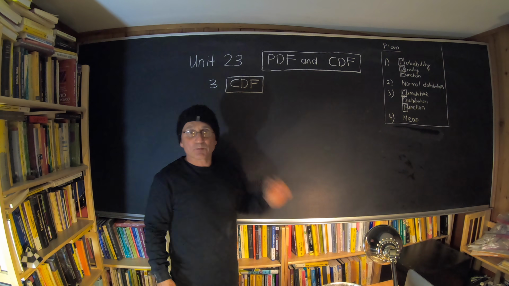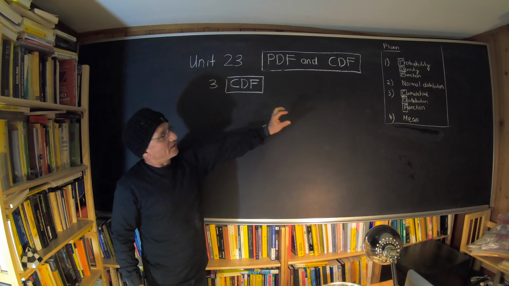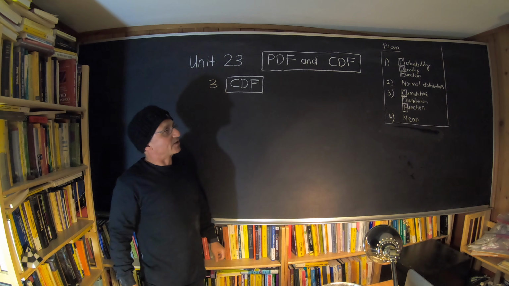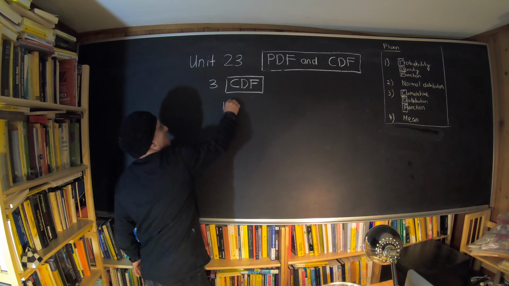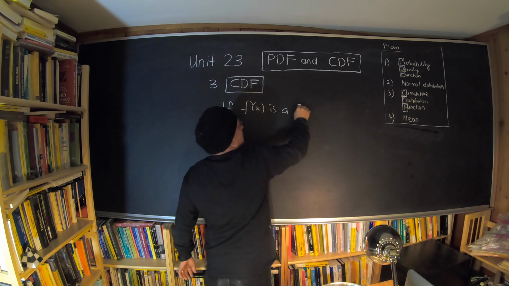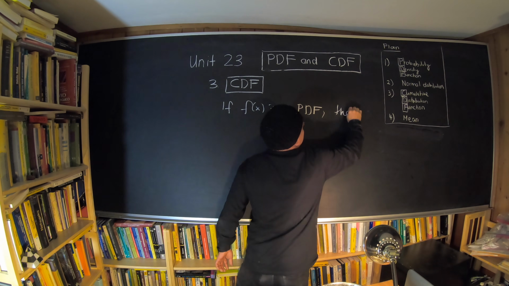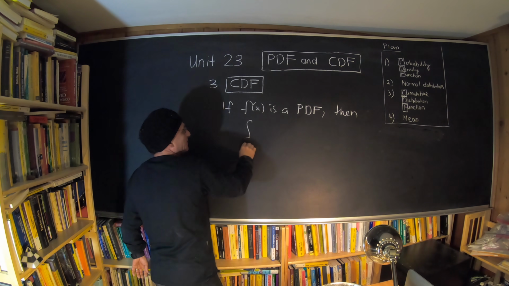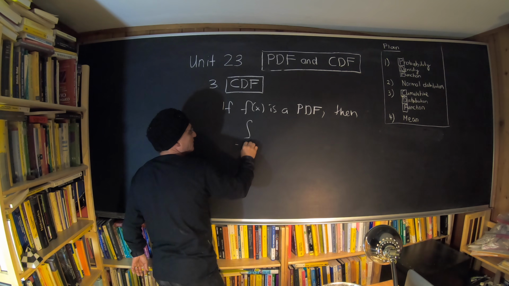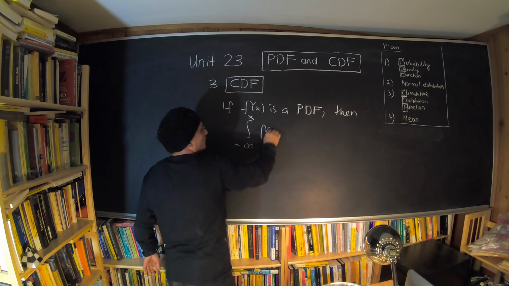If a probability density function f is given, we can define the cumulative distribution function, the CDF. It is the antiderivative, the integral from minus infinity to x of f of t dt.